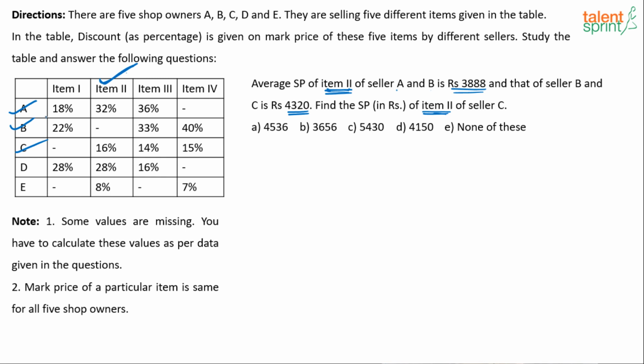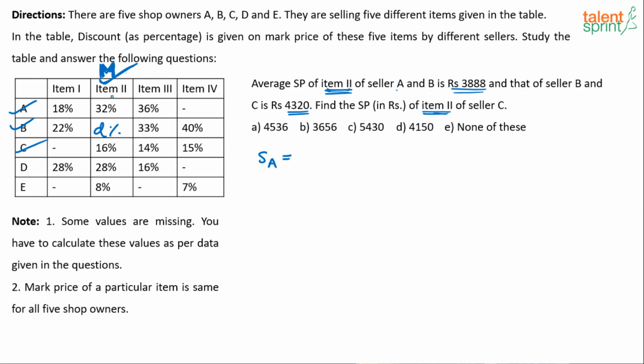See, the point is, we know the discount by seller A on item 2 is 32%. The discount on item 2 by seller B is not known. So let's assume this is D percentage and the discount by seller C is 16%. That's simple. The mark price is same for item 2 across all the sellers. So mark price is M. Which means selling price on item 2 by seller A will be how much?